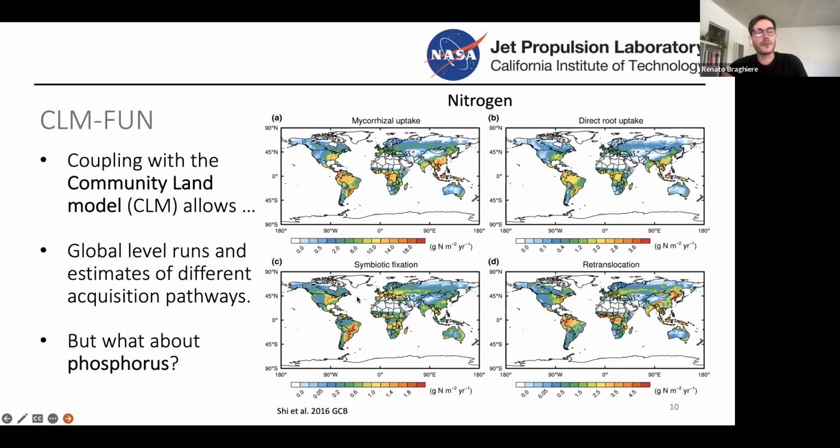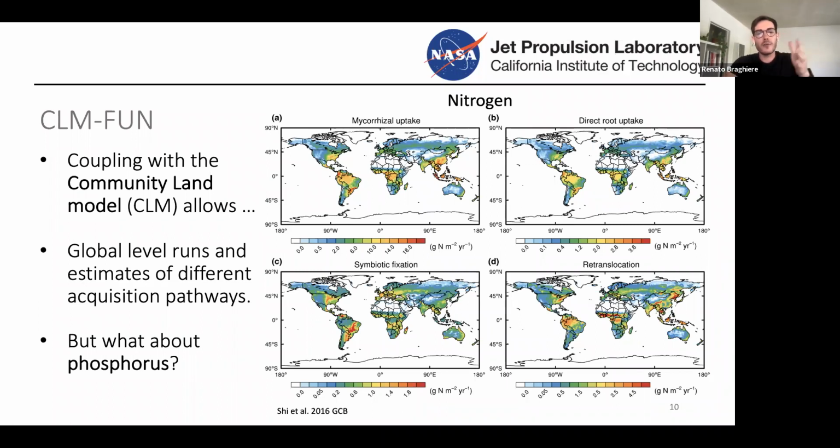And it's interesting to see how a model that was developed for in situ data can actually show, for example, nitrogen fixation peaking in the savannas, which is something that we know happens and we observe in real life. So a model that was developed for just a few sites, 15 or 16 sites, can appropriately predict that symbiotic fixation peaks in the right places. So we were quite confident. Now, there's a lot of uncertainty in these maps, of course.